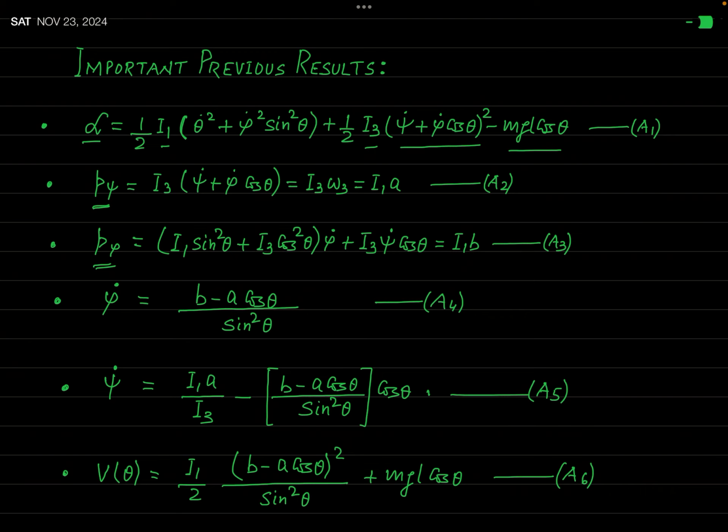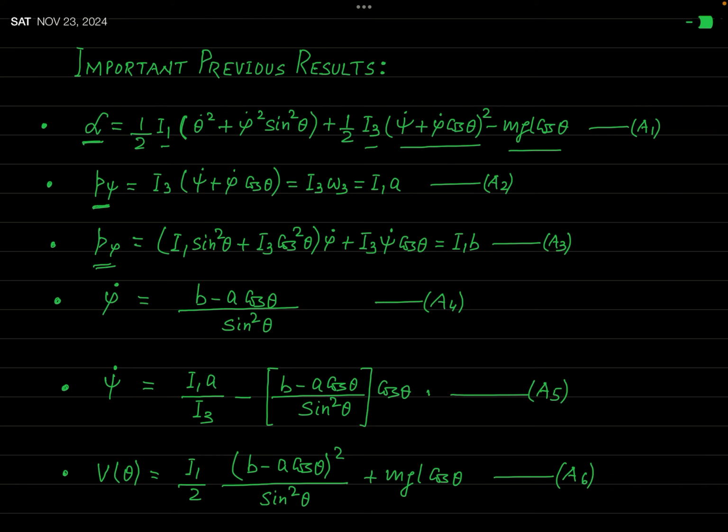You have seen that psi and phi, which are Euler's angles, behave just like cyclic coordinates, because the expression for this Lagrangian L does not involve psi and phi explicitly. So the Lagrangian of this system is not an explicit function of psi and phi, so we call psi and phi the cyclic coordinates in this present situation.